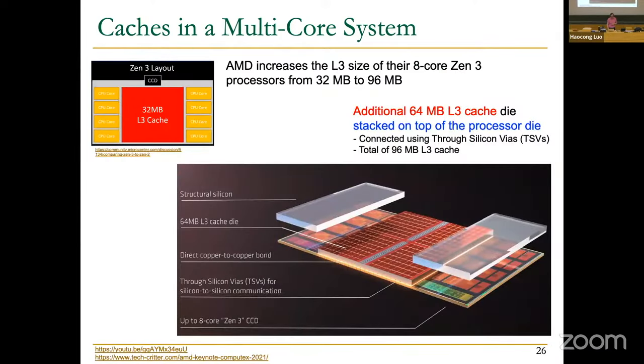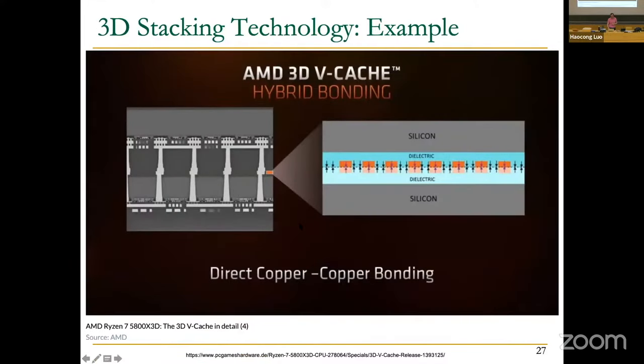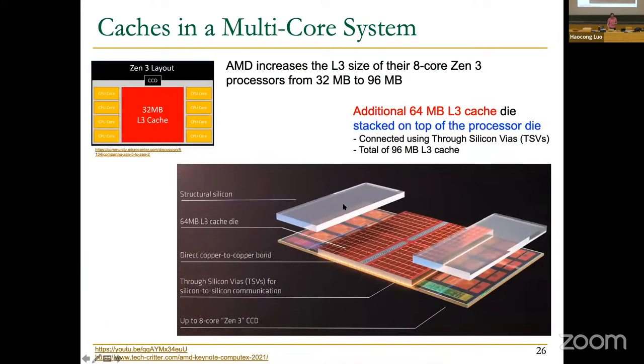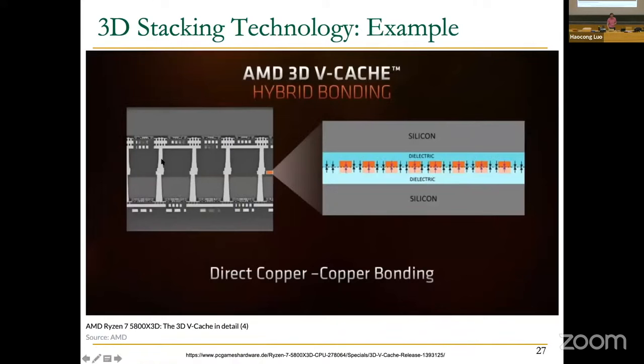I will mention this cache over here because it's very interesting. This is a shared cache that's on a different chip. So basically, they've decided to add these other chips that are bonded on top of a processor chip. And the whole purpose of the other chip is to cache.